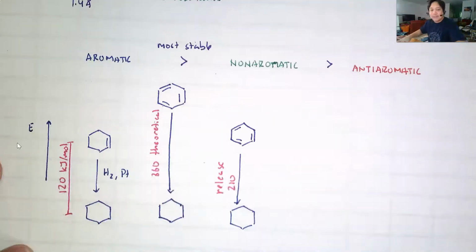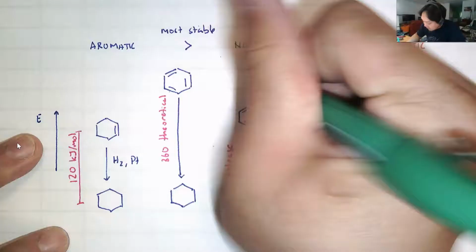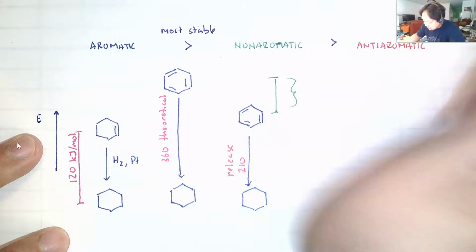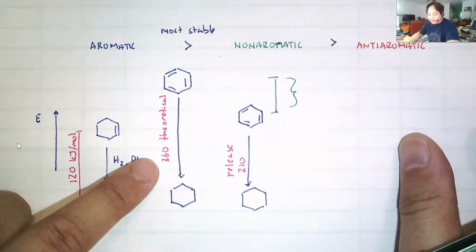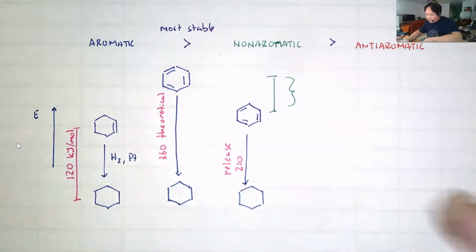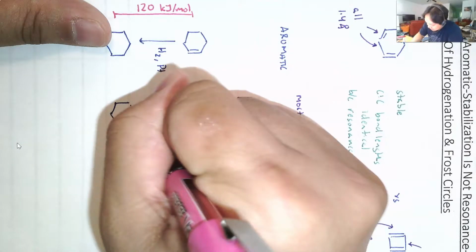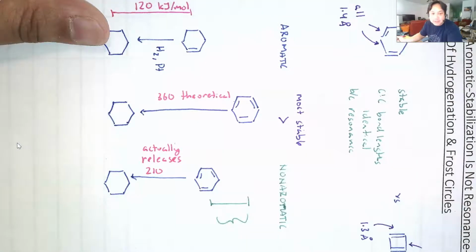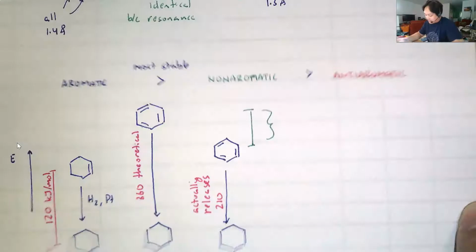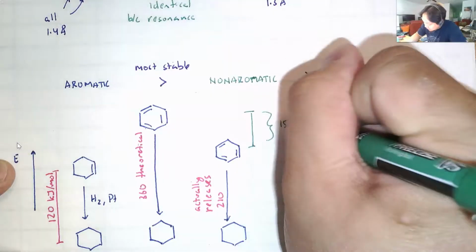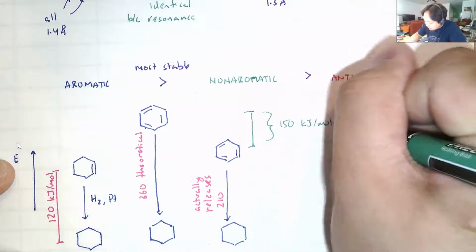So there was some stabilization taking place between these two levels. You could call this the stabilization energy, the difference between the theoretical and the actual. What's the difference? That's 150 kilojoules per mole of stabilization.